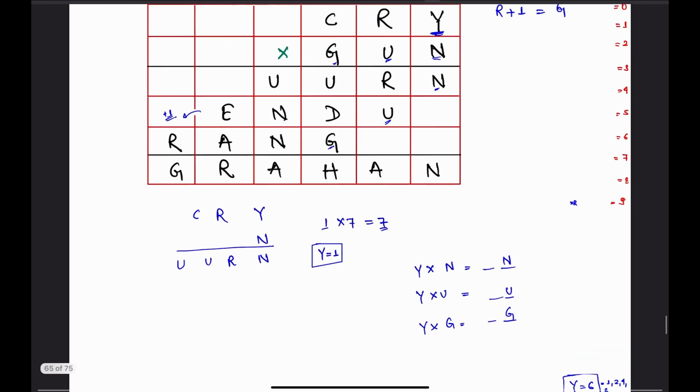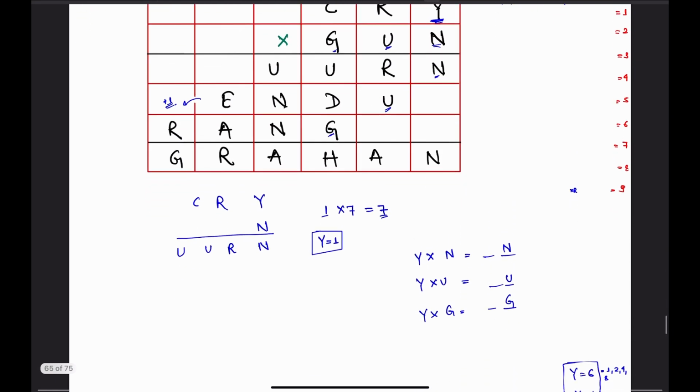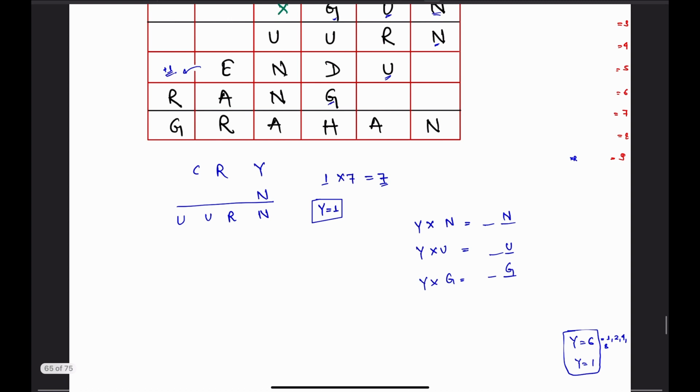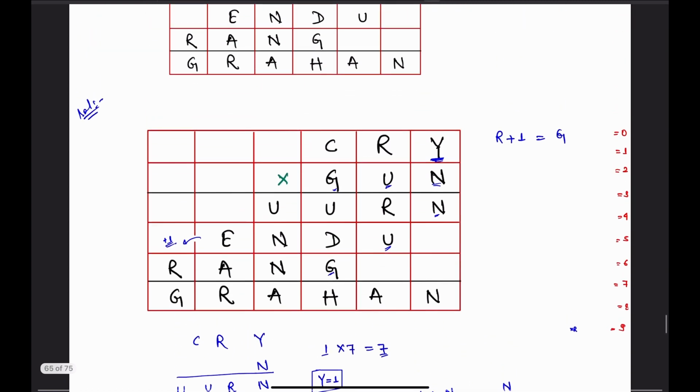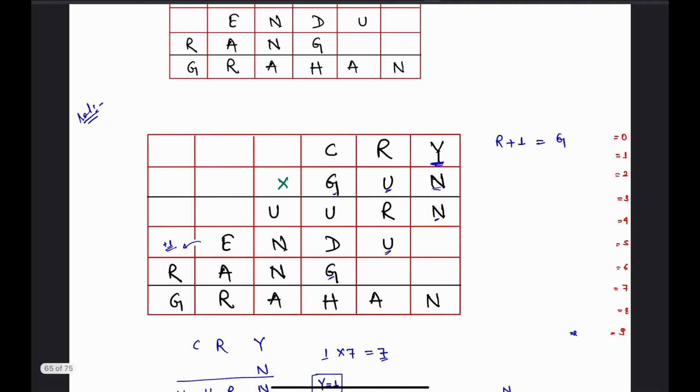My y value is either 1 or 6. So shall I take the value of y as 1 and 6 and try to approach what would be the issue? N into r equal to r.